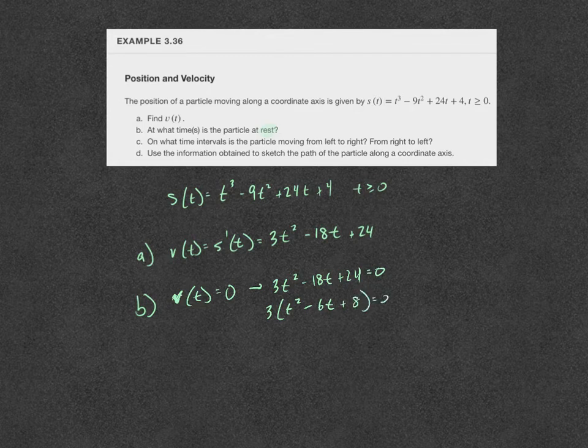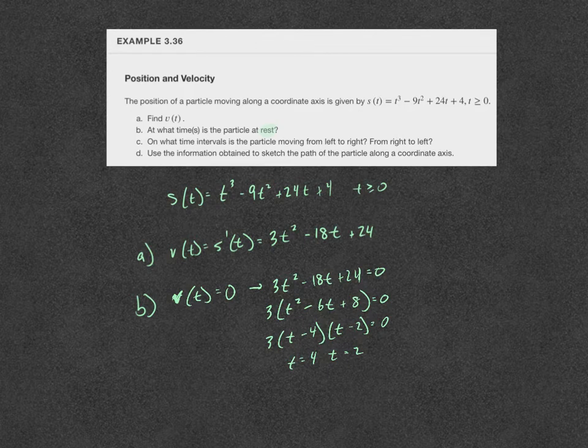There we go, that makes my factoring much better. This is t minus 4 times t minus 2 equals 0. So we get t equals positive 4 and t equals positive 2. What we find is that this object stops moving twice. It has 2 points where it is at rest, at 4 seconds and at 2 seconds.